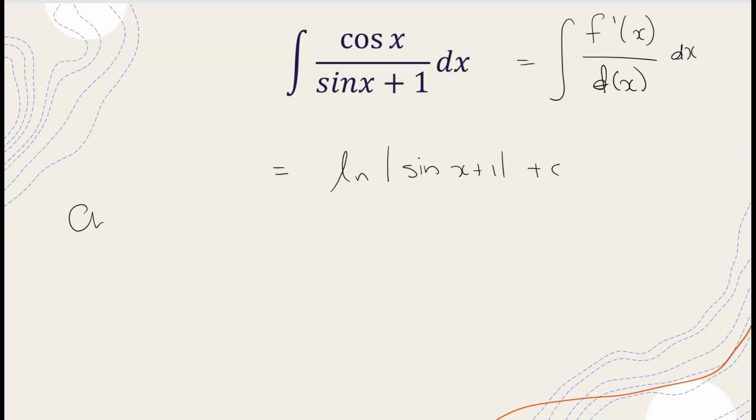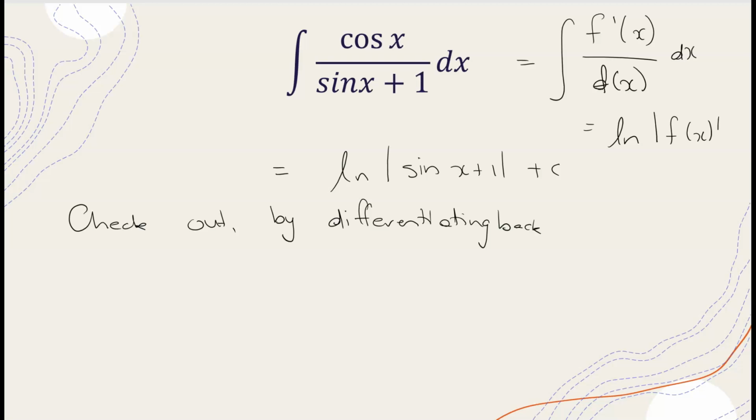And you can check that out by differentiating back. Okay, so if it's got the derivative on the top over the function, then it's natural log of the function. That's just what we've done.